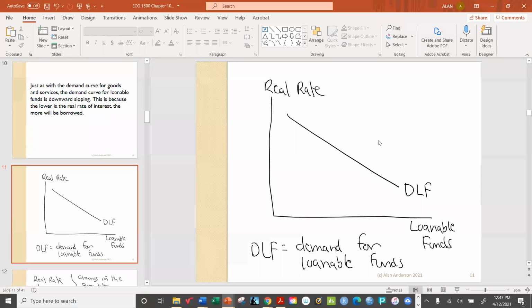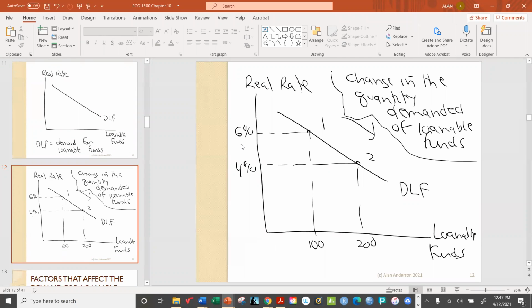And of course, like I said before, the government doesn't care what the real rate of interest is. It's going to borrow what it needs to cover its deficits. So the net effect here is that we have a downward sloping demand curve. And just like what we saw earlier, if we move up and down the same curve due to a change in the real rate of interest, we call that a change in the quantity demanded of loanable funds.